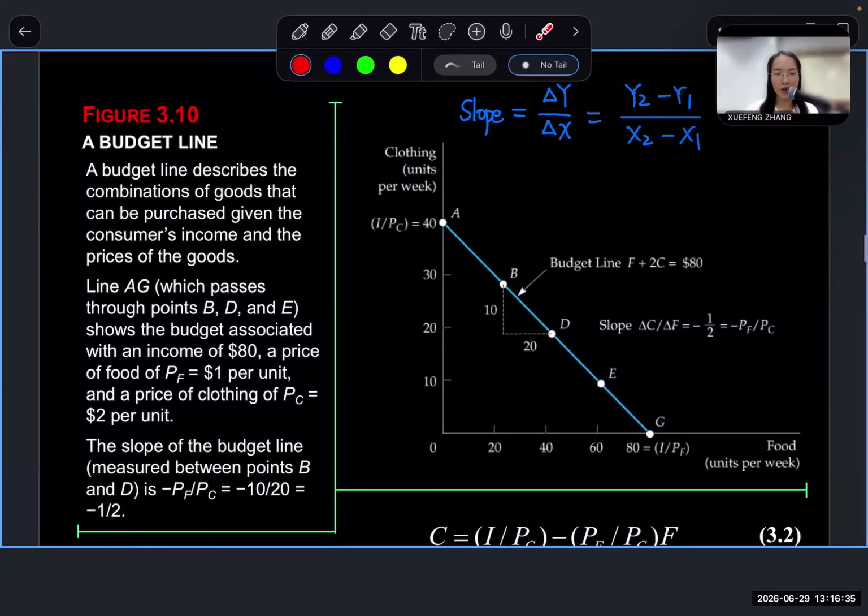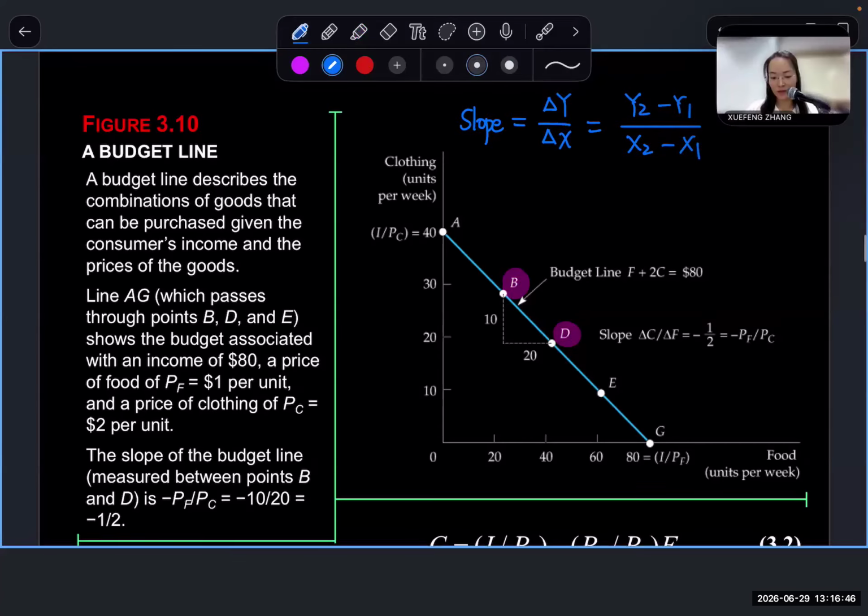So let's see the graph. In this graph, we're going to pick 2 points, B and D. The coordinates of point B are 20, 30, and D is 40, 20.